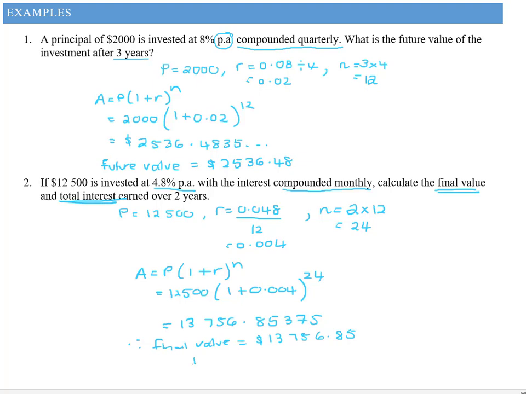So to find the interest, I take what my investment is worth at the end, and I subtract from that the amount of money that I invested to start with. And in doing that subtraction, in this case, I get $1,256.85. And that's how easy compound interest is.